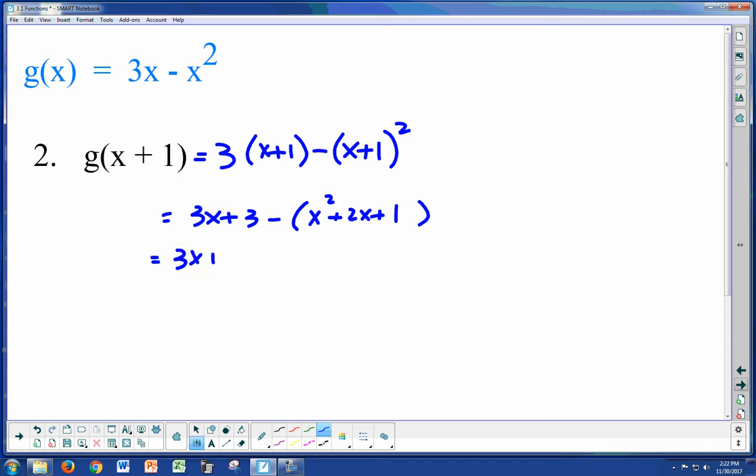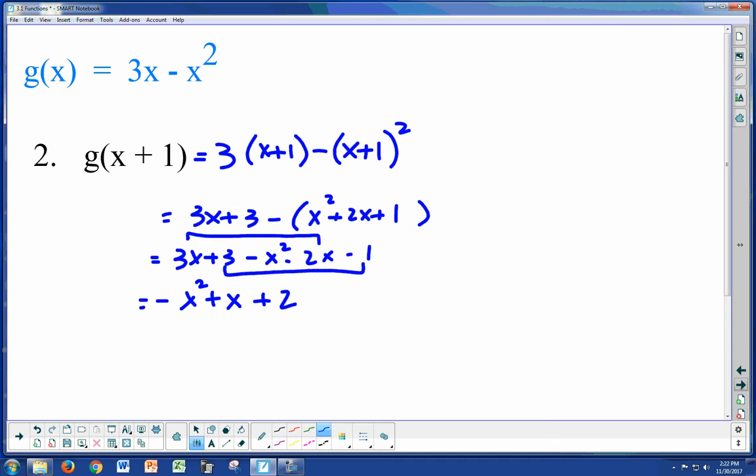So 3x plus 3 minus x squared minus 2x minus 1, or a final answer here, negative x squared plus x plus 2, as I bring together that 2x and the 3x and the 3 and the negative 1. And so I end up with an interesting problem here that gives us this. Okay, so that's kind of a nice one.